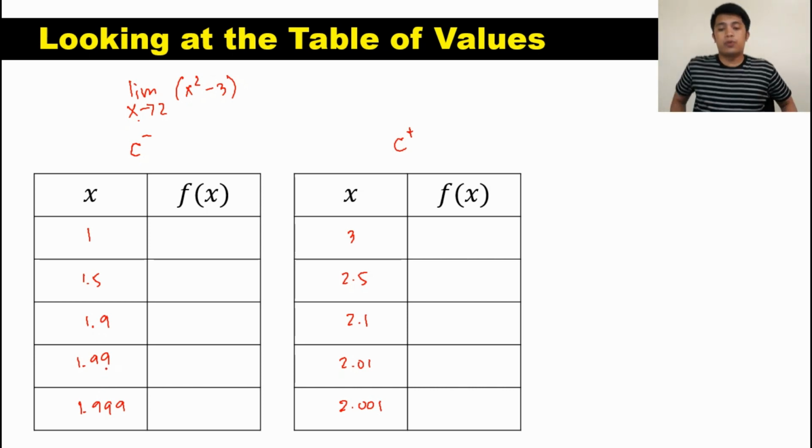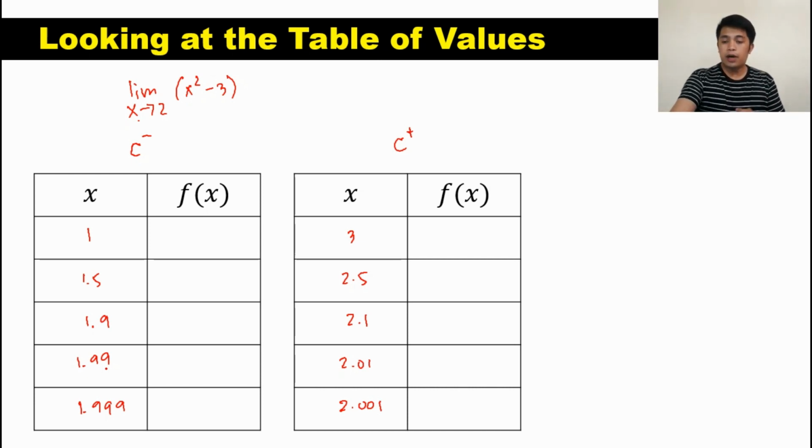Sa positive, we have 3, 2.5, 2.1, 2.01, and 2.001. Atong goal is we will look for the corresponding y value of those x values as we move closer and closer to C or 2, but we are not using 2 here. Kaya ito lang ang lista sa mga values approaching 2. Mao na siya ang concept sa limits. We look for the values that are nagduol sa C but not C itself.